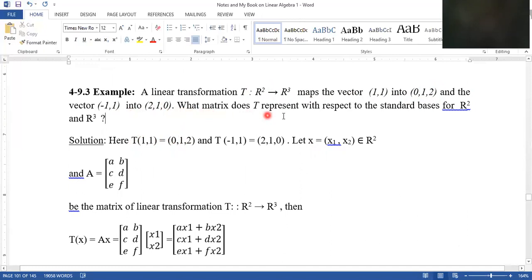What matrix does T represent with respect to the standard bases of R2 and R3? So we have to calculate the matrix of transformation. The order of the matrix should be 3 cross 2.